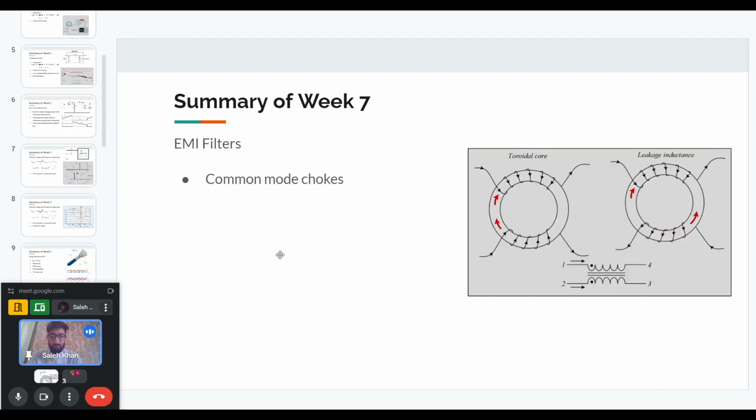Finally, we come specifically to how to use EMI filters to reduce EMI. First of all, a very simple method is to use a common mode choke.